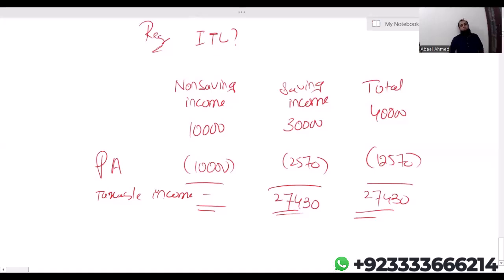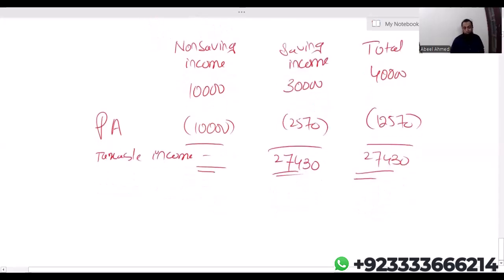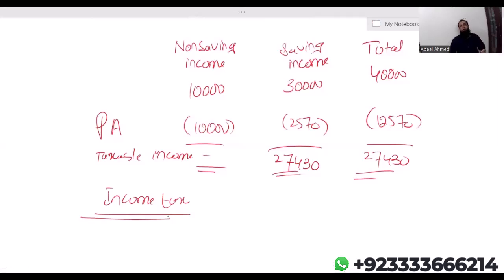Okay, now. There is no taxable income in the column of non-saving. It is 0. So obviously, I have to go for saving income now. First, income tax. Now, please listen carefully. In the column of non-saving, after deducting the personal allowance, the taxable income is 0.